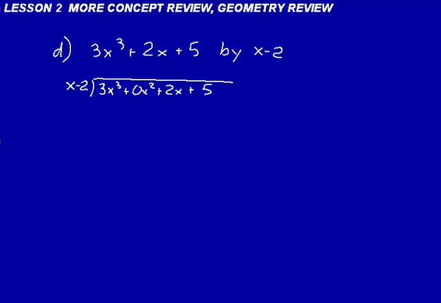So the first term is 3x cubed, and you think about your divisor, x minus 2. What could I multiply that by to get rid of the 3x cubed? It's just like if you had 185 divided by 3. You divide that in long division format, you think about, well, what could I multiply the 3 by to get rid of 1?